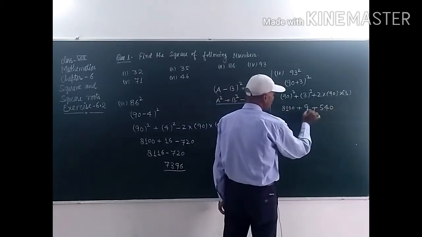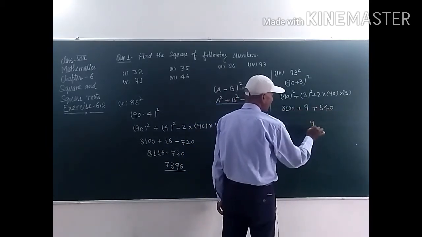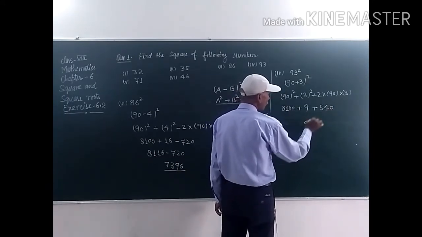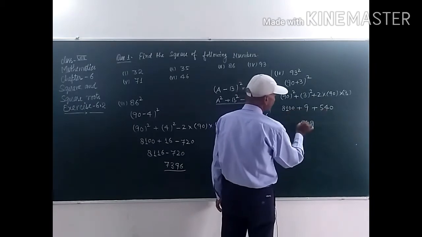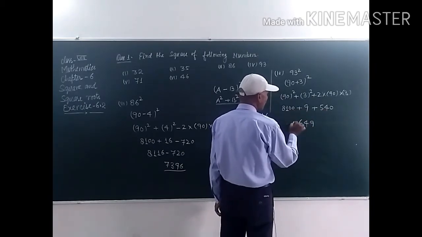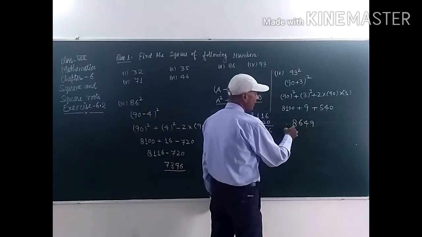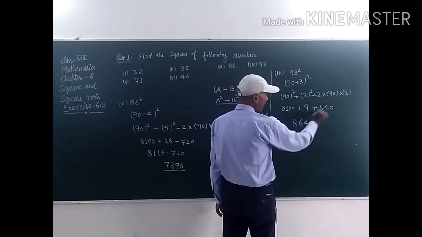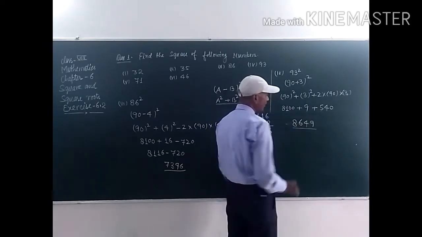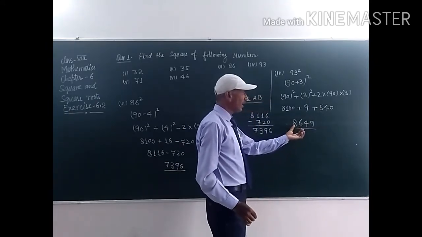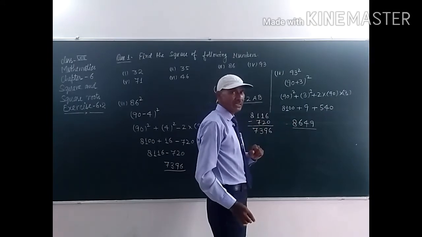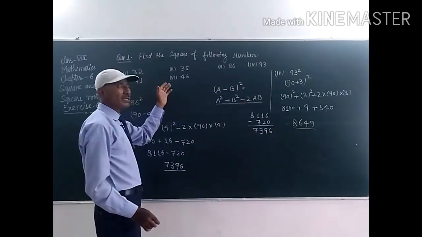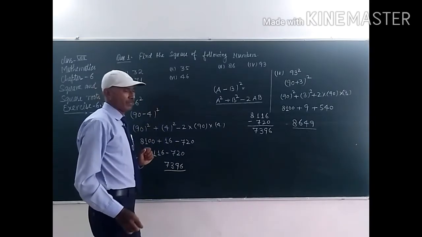This one 0, 9, 0, that is 9, again 4, 0, this one 4, 5, 1, 6, and this one 8. 8649. After adding all the numbers, we find 8649. This is the square of 93, student. Clear? Now the remaining part of this question you have to do yourself.